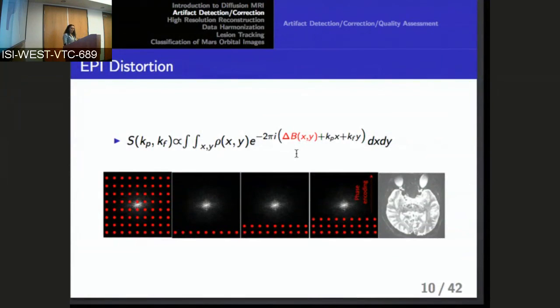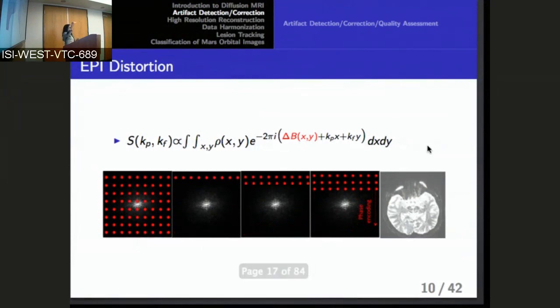In fact, on the scanner, we collect data points in Fourier space line by line. For example, we first collect the information on the first line, and then the scanner collects information on the second line. This direction is called the phase encoding direction. And you can see that this distortion is happening in the phase encoding direction.